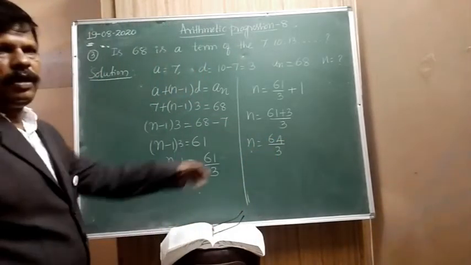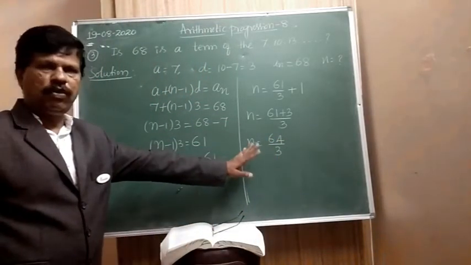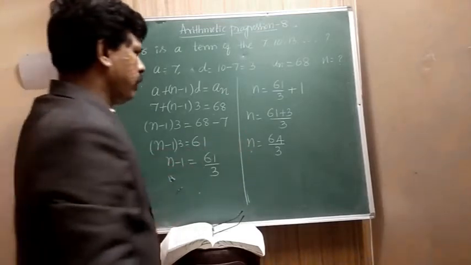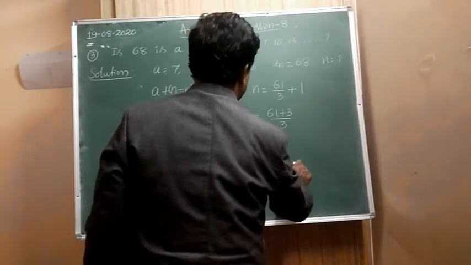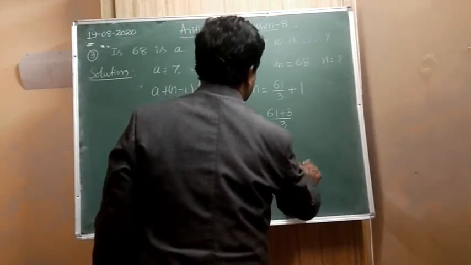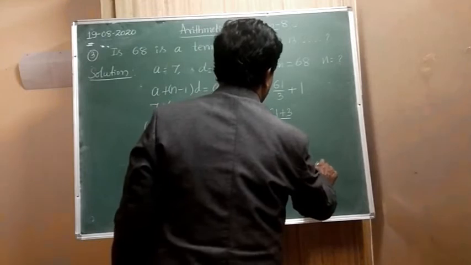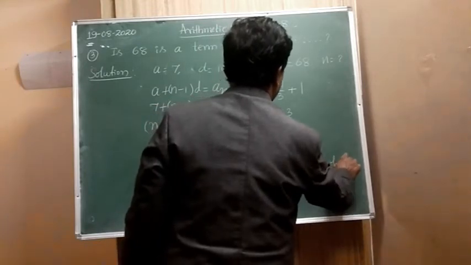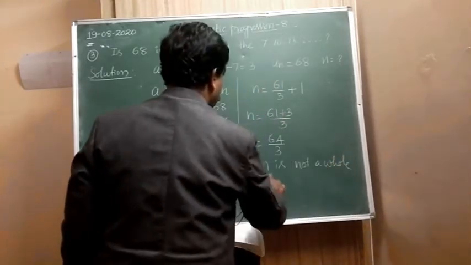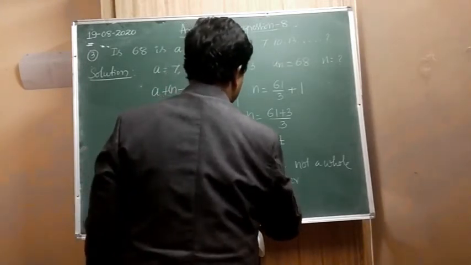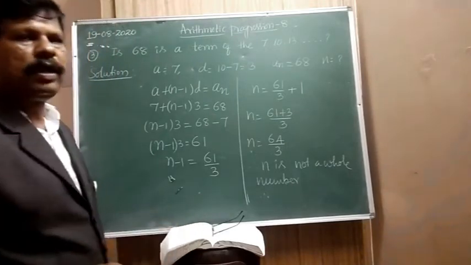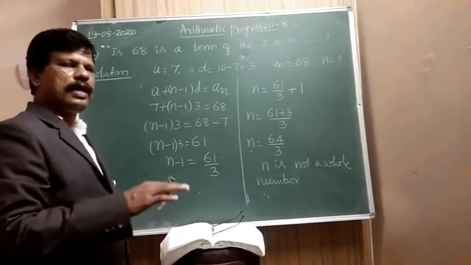Is it divisible by 3? 64 is not divisible by 3. Therefore, N is not a whole number. Okay? Therefore, N cannot be in fraction form. You can write like that also.